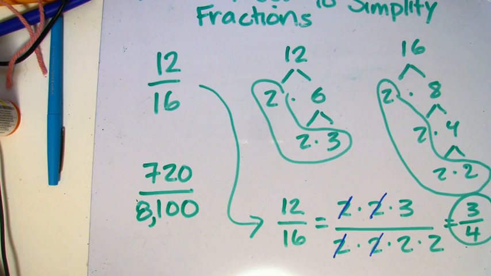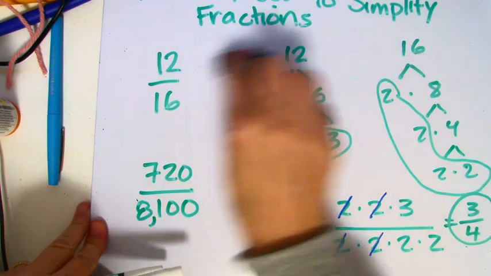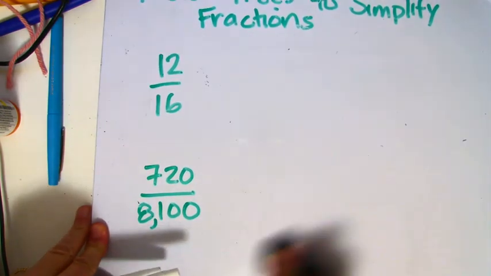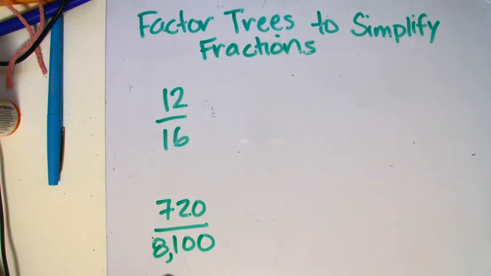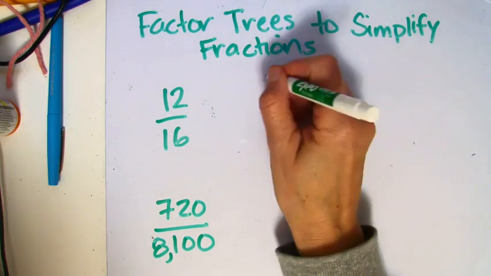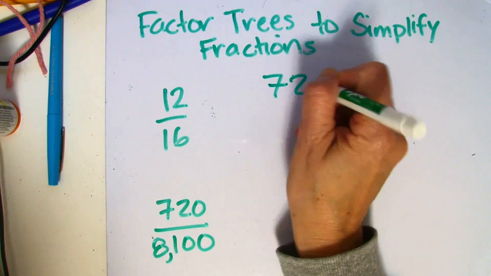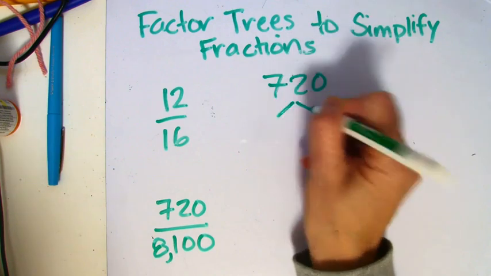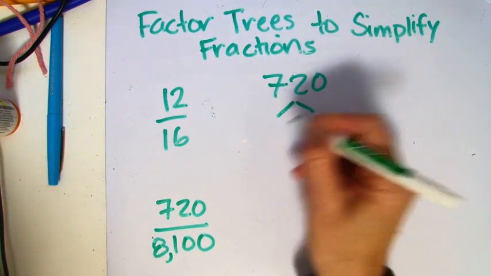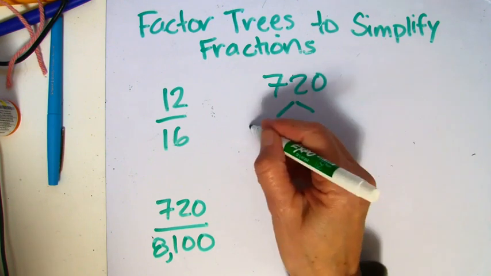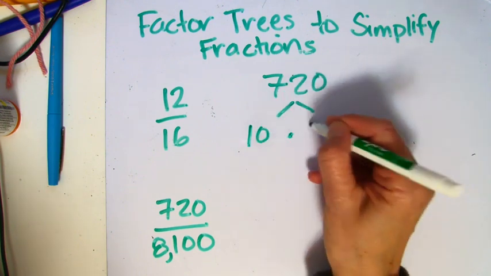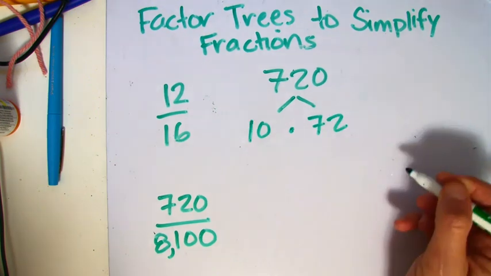Let's work with a larger fraction. Here I have 720 over 8,100. Again, I'm going to make factor trees. I know that this ends in a 0, so I'm going to break it up as 10 times 72.